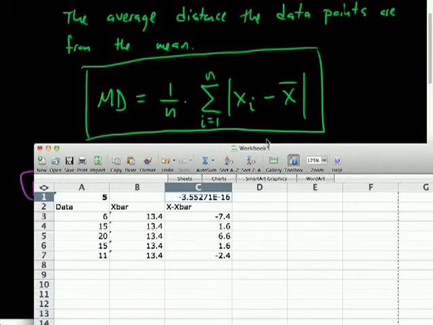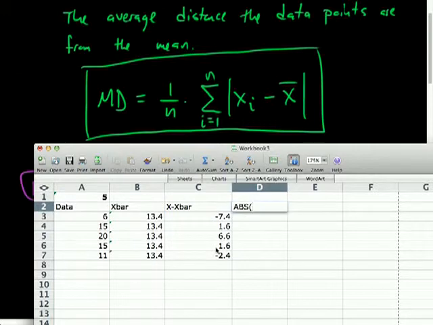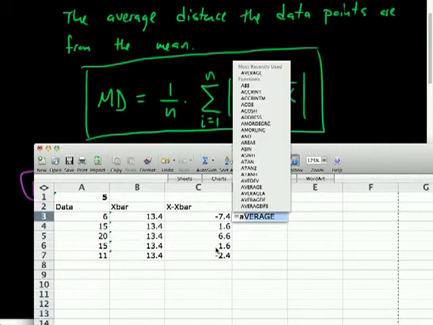I just want to point out, if I didn't have these absolute values, the average of these differences would have been 0, because some of them are above the mean, some of them are below the mean, and that has that seesaw effect where they balance each other out, and it's 0. So that's why I'm interested in the absolute value of x minus x bar, for which there actually is an Excel formula, ABS, right there.